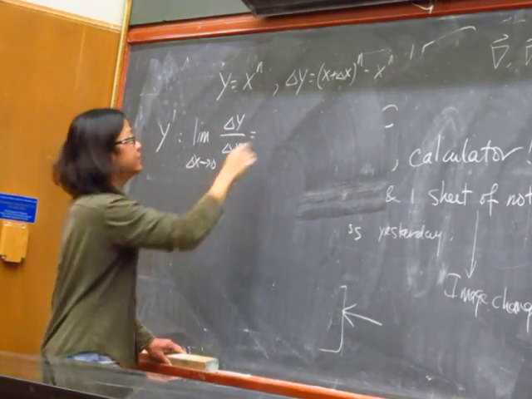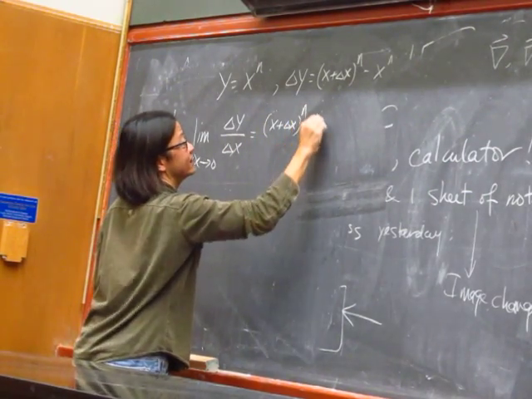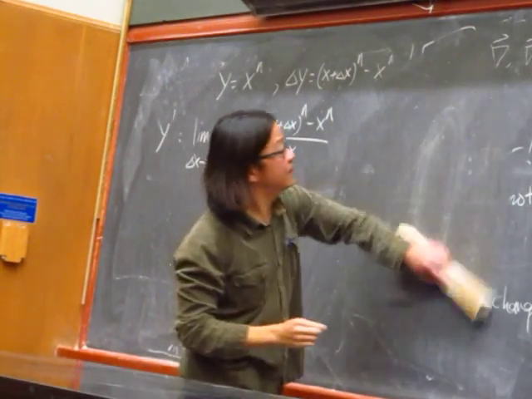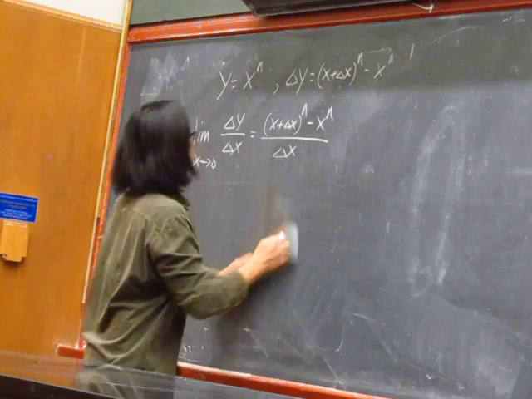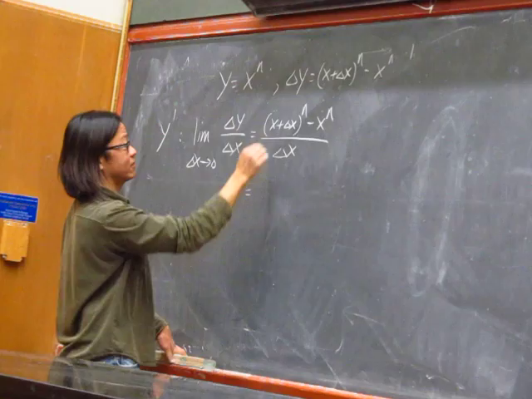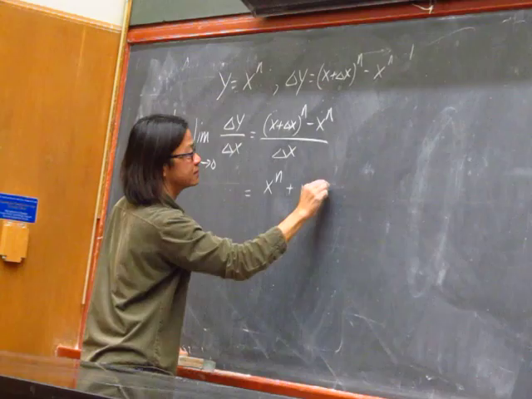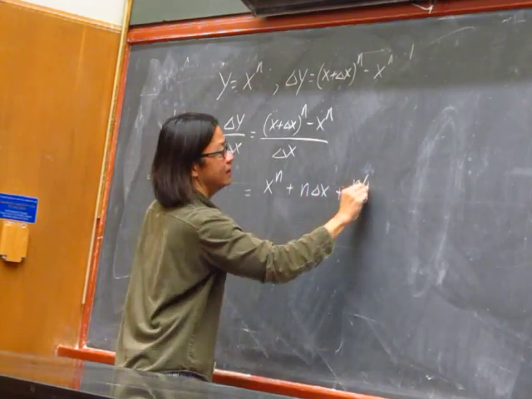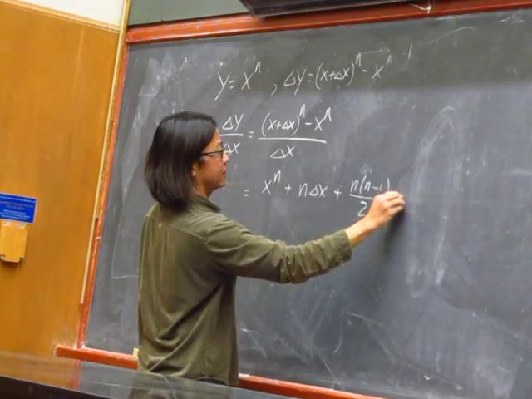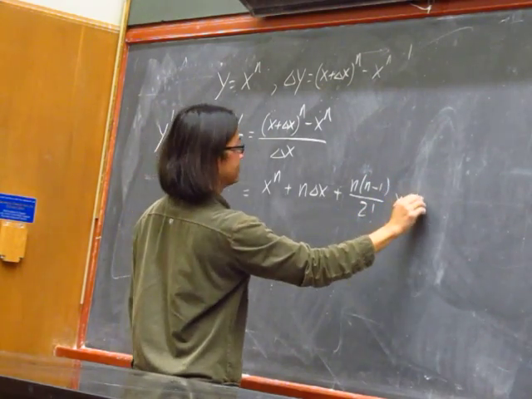So this becomes x plus delta x to the power of n minus x to the power of n, divided by delta x. When I expand, this is x to the power of n plus n delta x plus n minus 1 over 2 factorial x to the power of n minus 1 delta x.